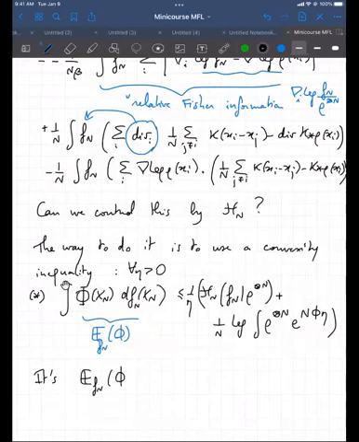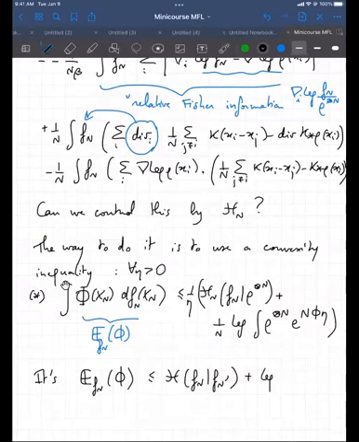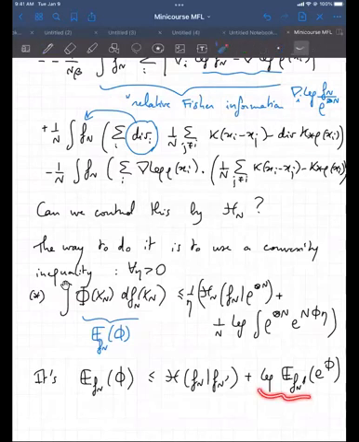So if I have two different laws, Fn and Fn prime, and I know the relative entropy of Fn with respect to Fn prime, so it's a sort of distance, then I can control in terms of the log of the exponential moments, if you want. So that's my second law. Right, so this is a much stronger version of the expectation of phi under Fn prime. You don't control just the expectation, you control all the exponential moments.